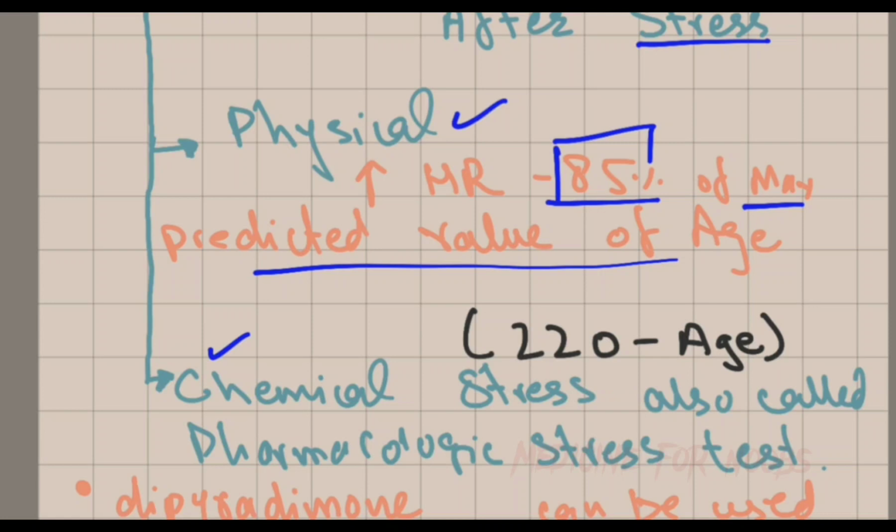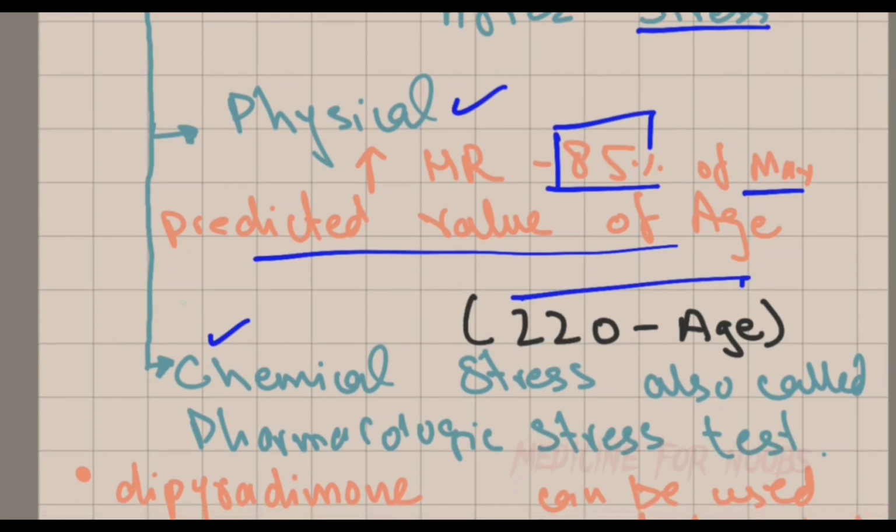Let's say there is a person whose age is 20, then the heart rate that he has to achieve to show a correct response in the ECG stress test is 200.